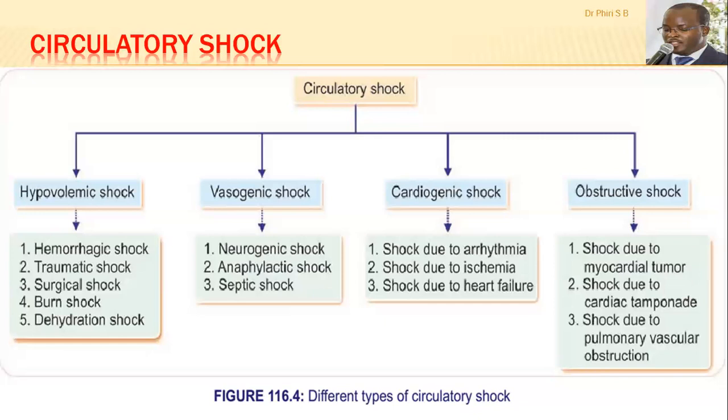If blood is not moving to the left atrium, there's less blood for the left ventricle to pump into the systemic circulation, and that will result in a reduction in cardiac output. Then it can result in shock, and this type of shock is due to obstruction, so it's called obstructive shock. So these are the different types of circulatory shock.